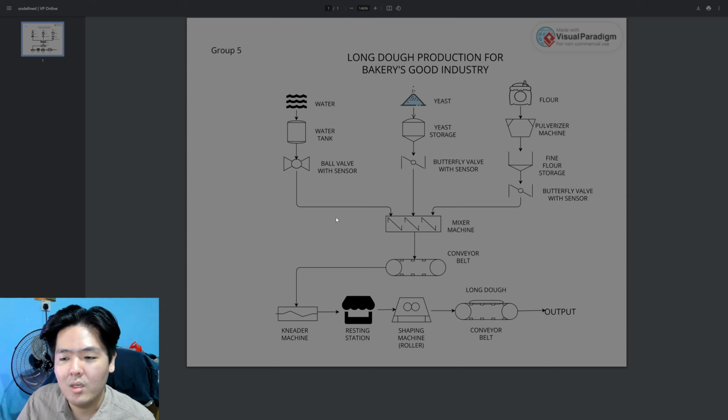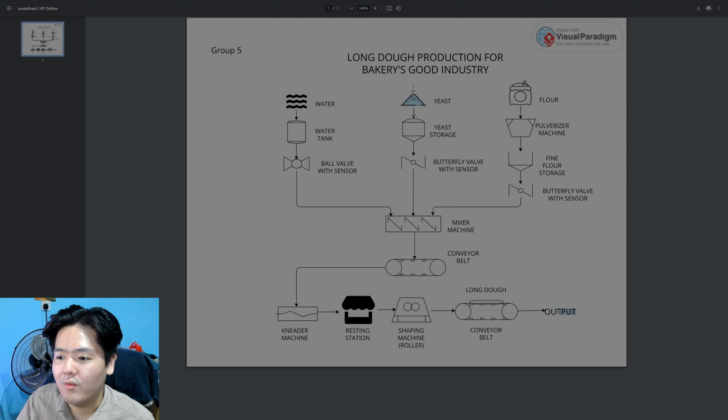And we mix them in a mixer, and then we use a conveyor belt to smoothly transfer the mixture into a kneader machine. After kneading it we make it rest so that the yeast can ferment, and then we shape it into a long dough, and then we use a conveyor belt to also smoothen the process to transfer to the output.